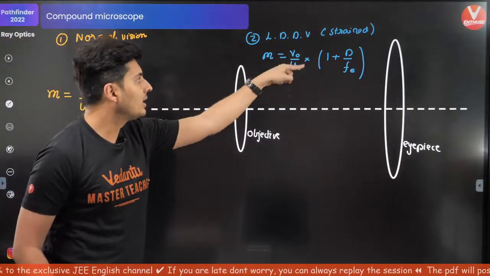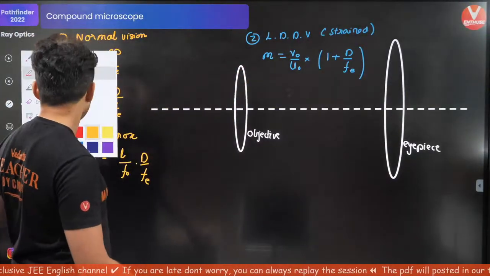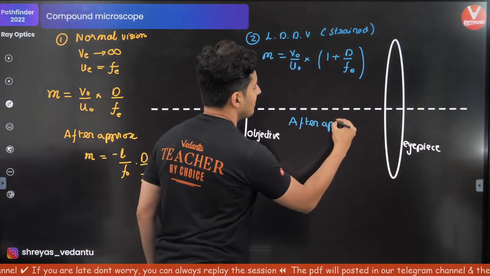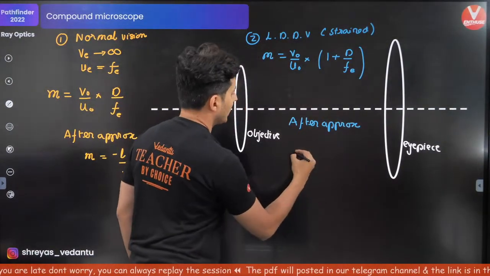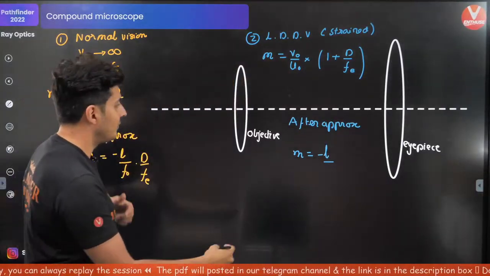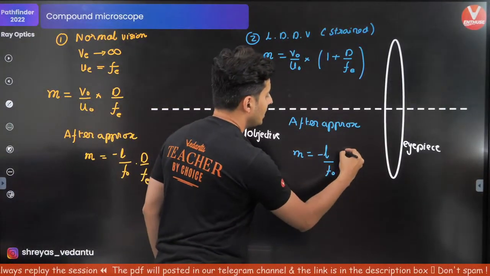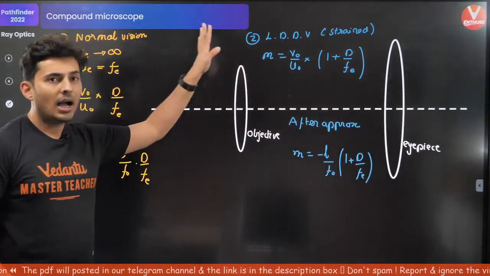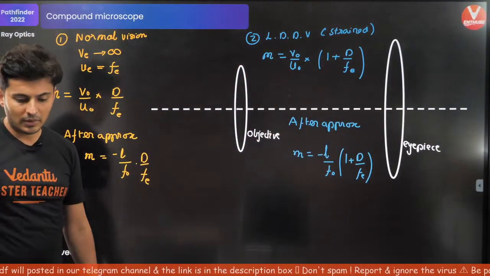Same thing over here. Instead of V naught by U naught, after approximation, you can write the magnifying power as minus L by F naught into 1 plus D by Fe. That's how it is. I hope you have understood this topic now.